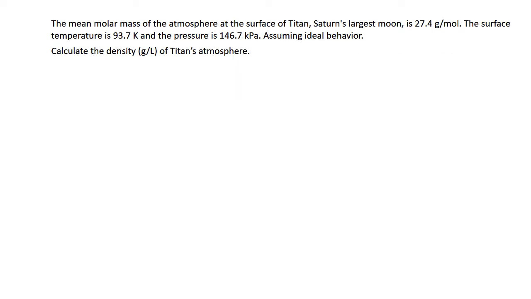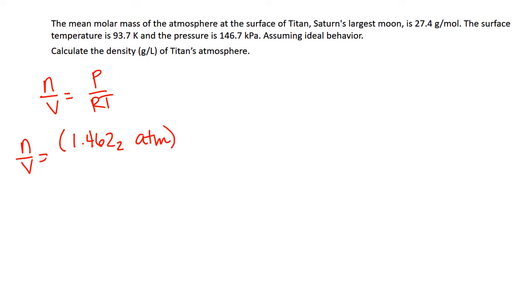So I just have the same question on top, right? And I know that n over V equals P over RT. I'm just going to substitute those numbers in. My pressure I calculated is 1.4622 atm.